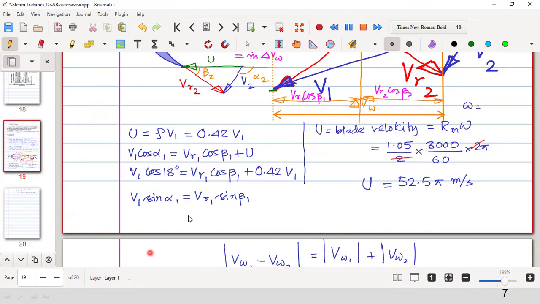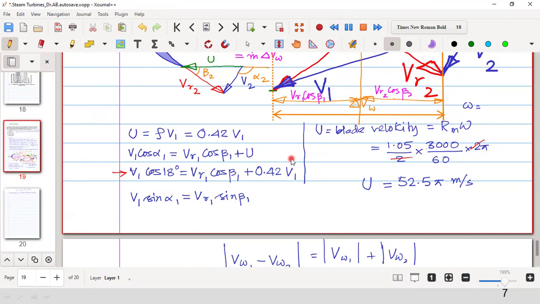Okay. Then what we can do is we can put this here. You see, if we just mark this in this equation, if we put it, all in terms of say V1.